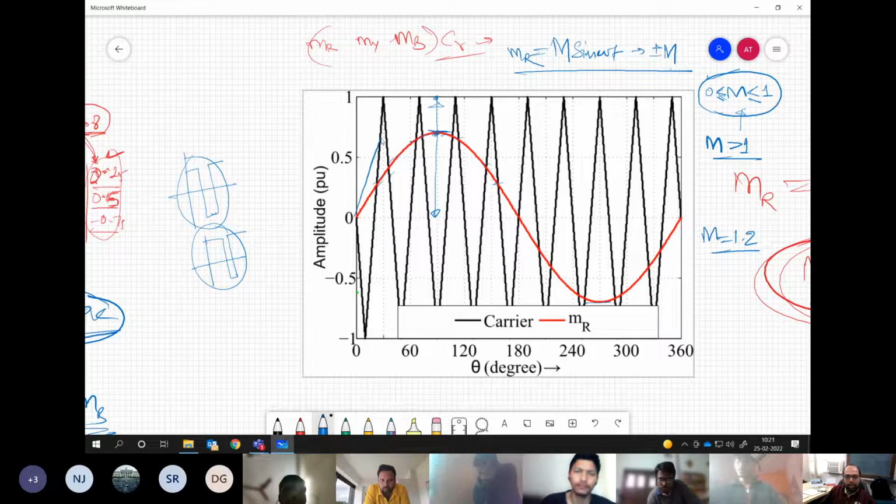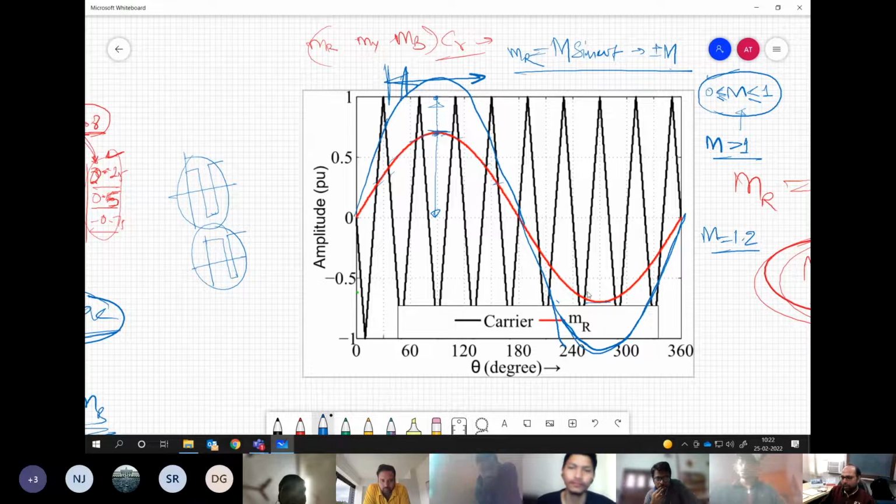The same modulating signal may look like this. Now you see the difference. For this entire duration, in fact, the last intersection happened here. So for this entire duration, you don't have any intersection between the carrier and modulating signal.